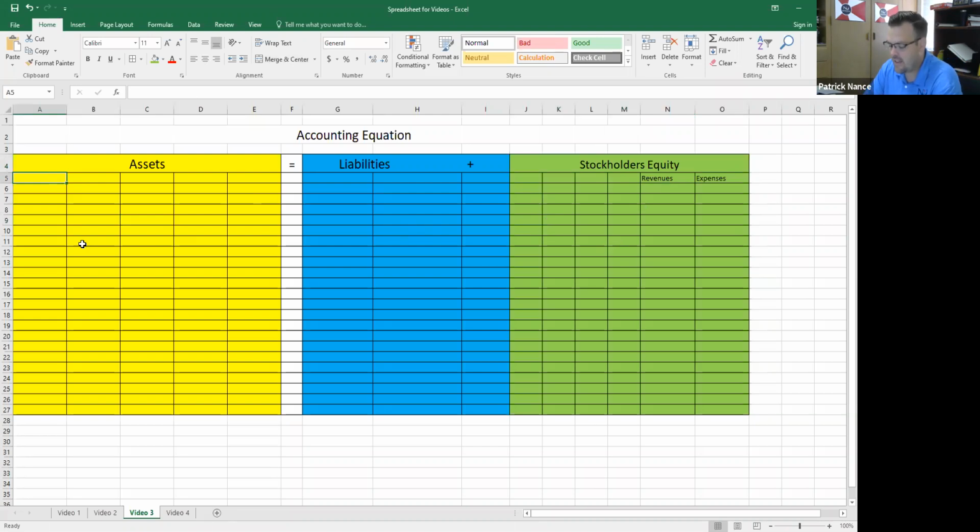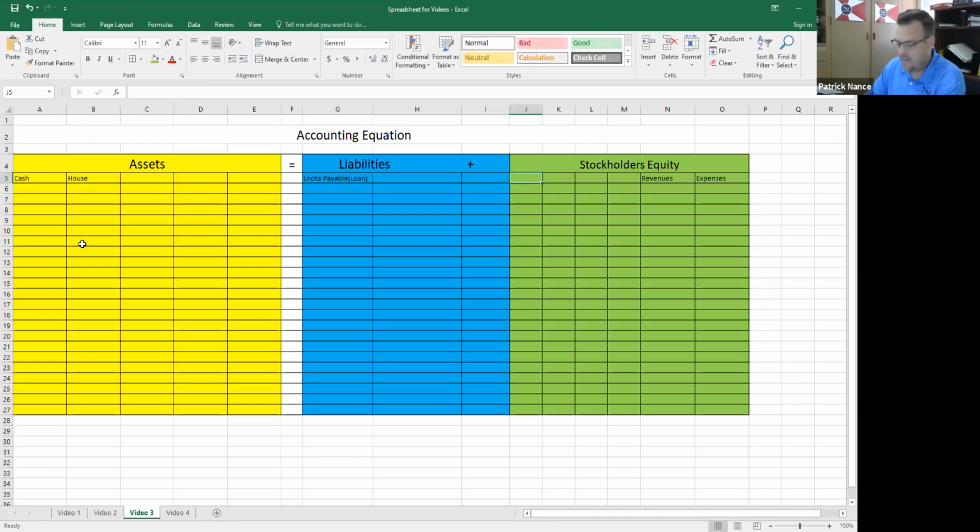Underneath assets, let's say you buy a house. All I'm doing here is creating account titles. Underneath the assets, cash would be an asset, the house would be an asset. I could have other ones too. For liability, we'll use a technical term, note payable, but I'll put in parentheses a loan.